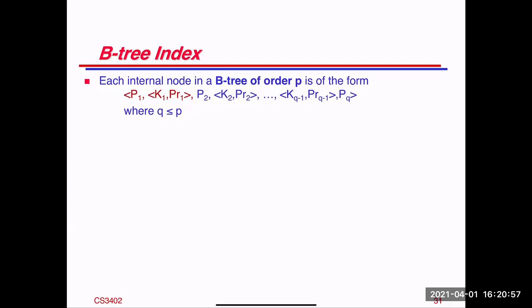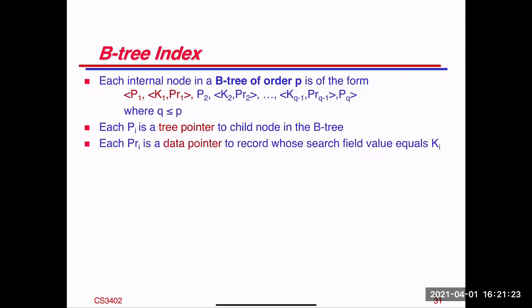Okay, so now let's look at the specific shape of B tree nodes. Each internal node of a B tree is of the following form. You start with some tree pointer. P1 is the first tree pointer, and then you have a pair K1 and PR1. Each PR1 here is a data pointer, so that points to some actual data records.